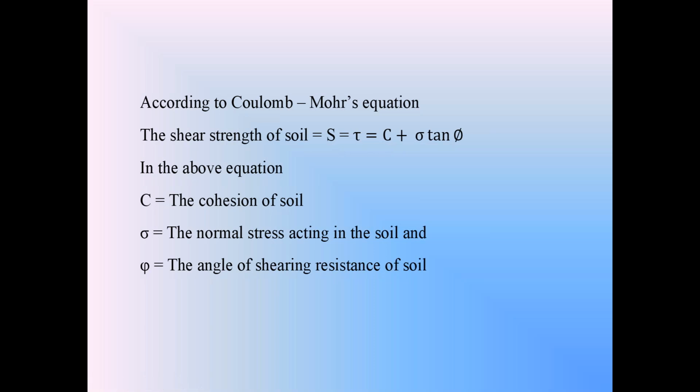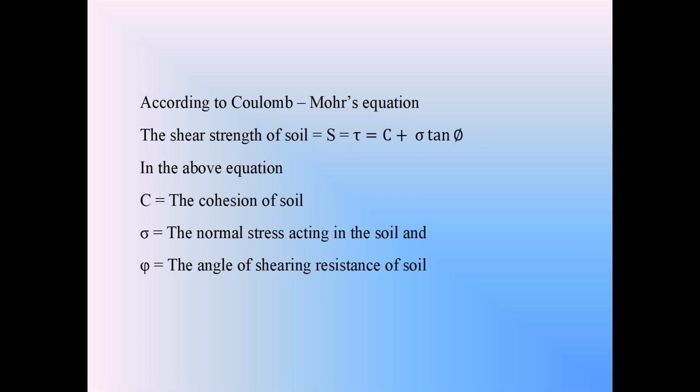C is the cohesion of soil, sigma is the normal stress acting on the soil, phi is the angle of shearing resistance of soil. So this is the equation proposed by Coulomb and Mohr to find out the shear strength of soil.